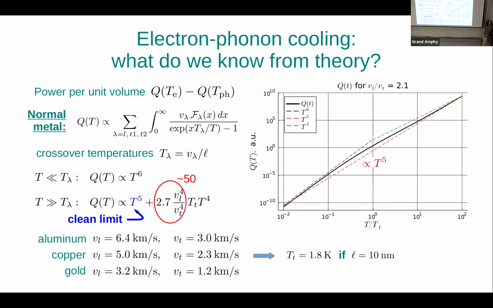If you go close to KFL, then all this breaks down. But what is true is that you have to be able to define an effective electronic temperature. The electronic temperature is not the one of the bath, the phonons, but you still assume that you have Fermi-Dirac distributions.